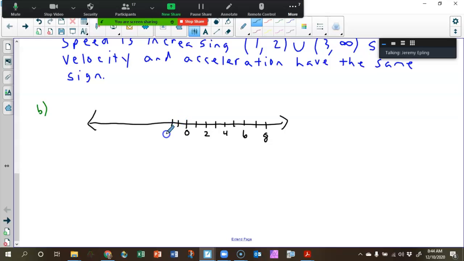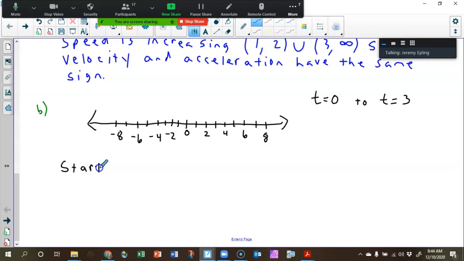And that way you can visualize what's happening here. We want to know the distance that we've traveled over the first 3 seconds, from t equals 0 to t equals 3. So I need to know, well, where did I start?